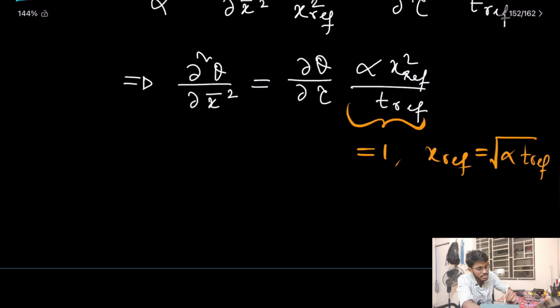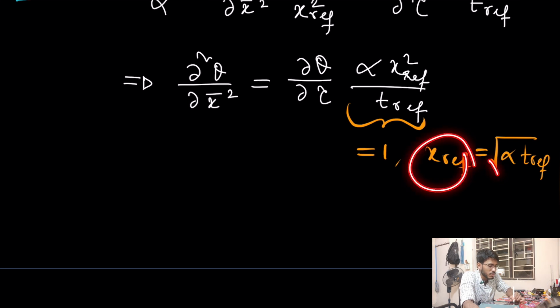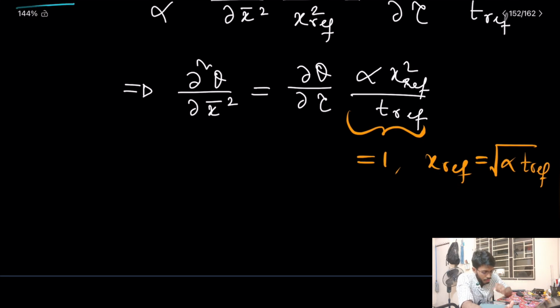Can you see that this is nothing but the order of the heat penetration depth? So if I take the x reference as root over alpha t reference, then I will get a governing equation of this form. Physically this is my heat penetration depth.